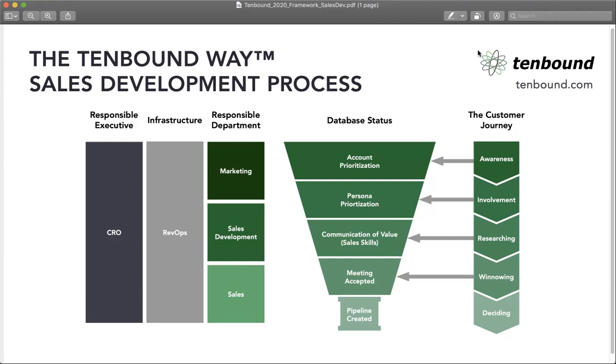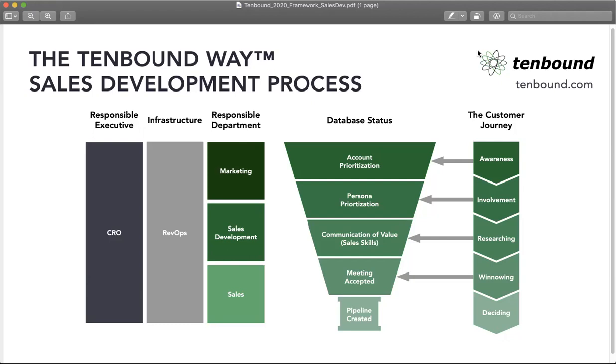They have the right accounts, they have the right people, and now they need to work on their sales skills. Can they talk to people? Can they write messages? Can they really influence them during that research stage so that they take a meeting and winnow down their solution as one of the ones that they're considering?